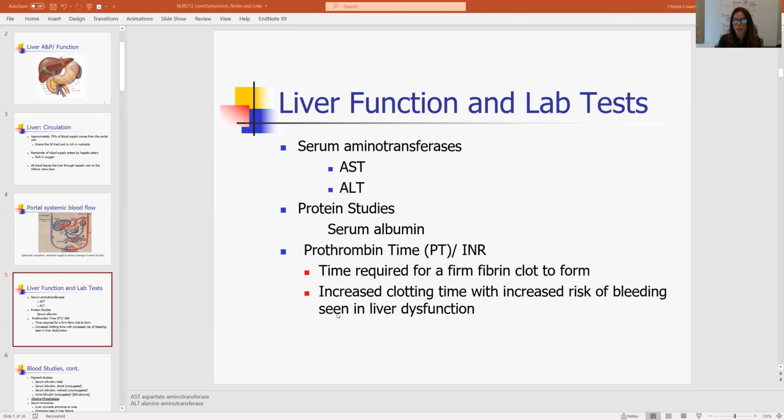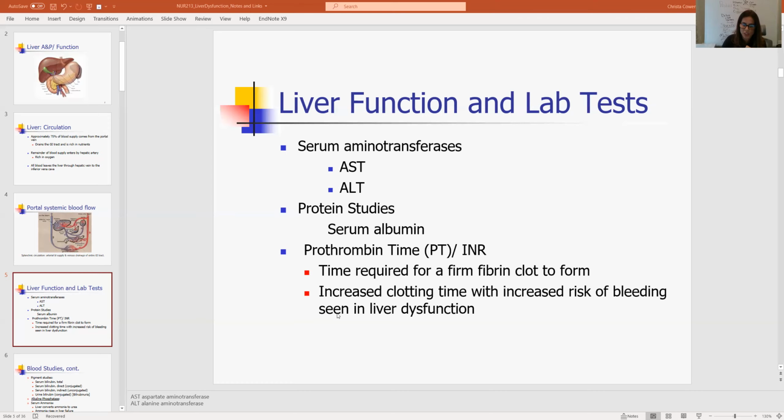So if someone comes in with a toxic, maybe overdose of, say, Tylenol, or acute hepatitis, you will see the AST, ALT rise. But if someone has maybe long-term chronic liver disease like cirrhosis, you won't see a rise in AST, ALT. This is only going to rise in acute liver disease. So this is a good indicator of acute liver disease.